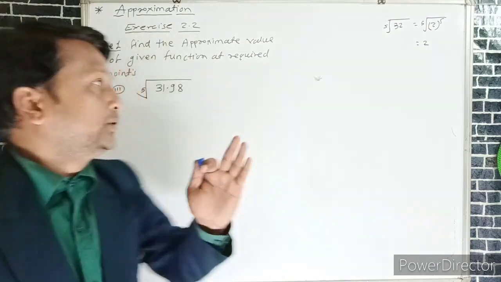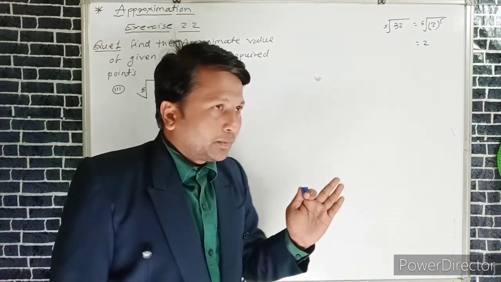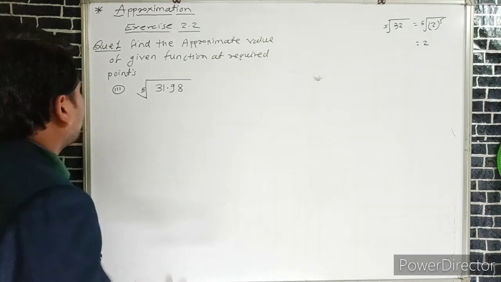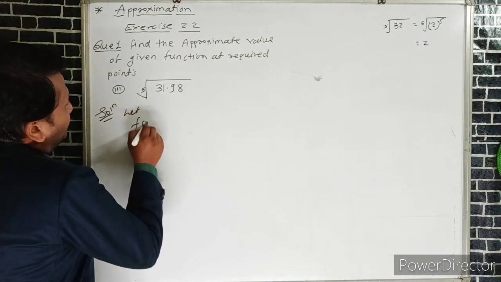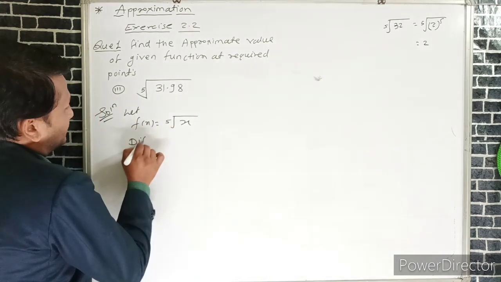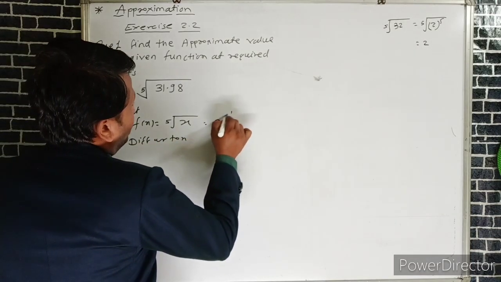So we know the rules of approximation, which is f of a plus h is approximately f of a plus h into f dash of a. Here we have to find the value of f of a and f dash of a. So first we consider that the given function f of x is equal to the fifth root of x, or we can write x raised to the power 1 by 5.